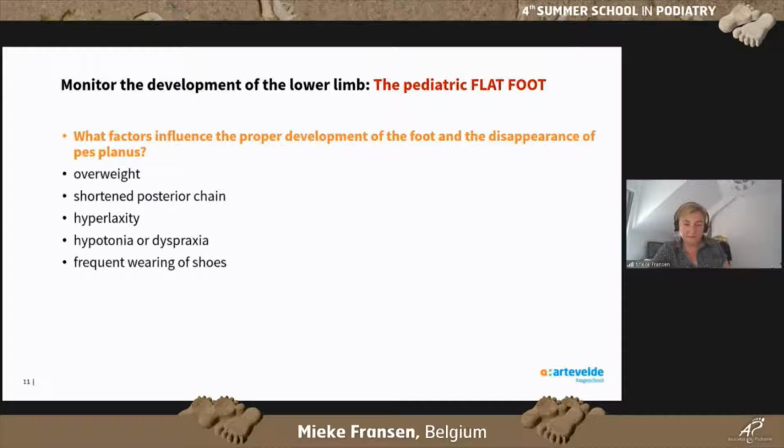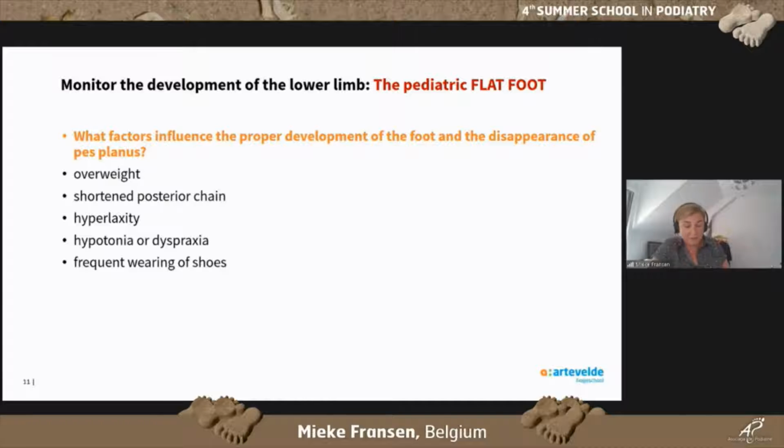Now, what factors influence the proper development of the foot and the disappearance of this pes planus? Well, we know that children that are obese have more risk of keeping the flexible flat foot, so overweight is a risk factor. Also, in children with a shortened posterior chain, the normal derotation process of the talocalcaneal angle cannot occur properly. Also, in children with hypermobility syndrome, hypotonia or dyspraxia, we see that the flexible flat foot does not disappear.